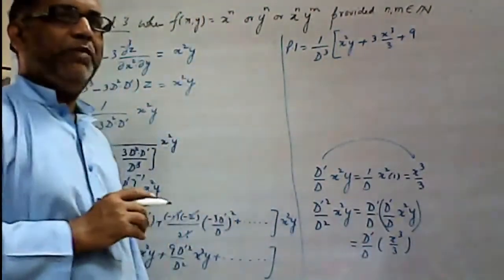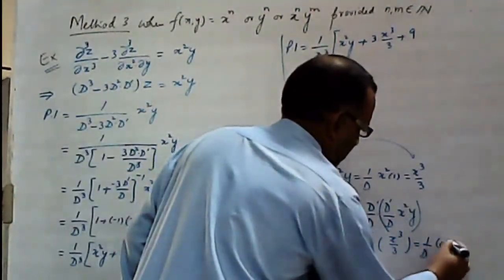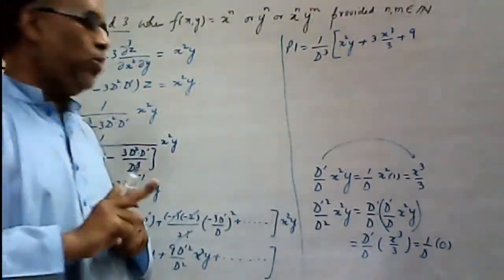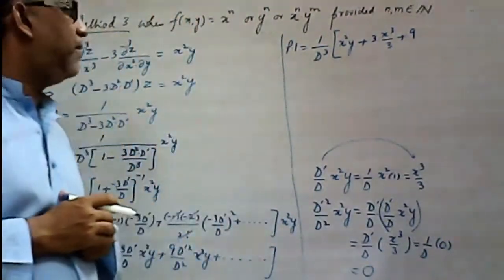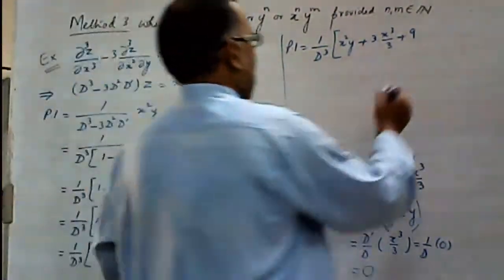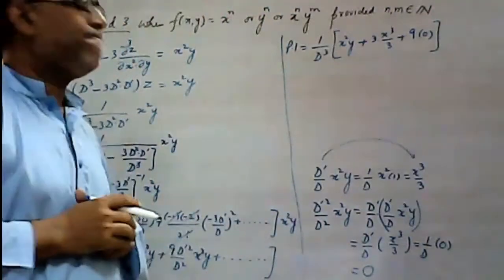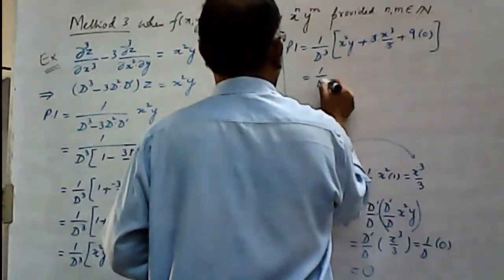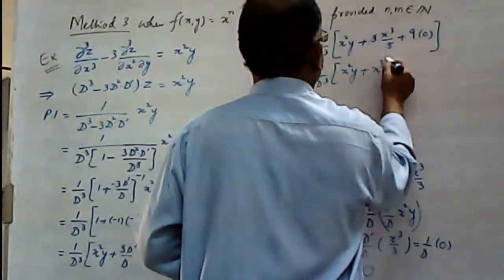Derivative of x cube is 0 because D dash means derivative with respect to y, and integral of 0 is 0. So the final answer of this term is 0. So 3 cancels with 3. So 1 upon D cube of x square y plus x cube.